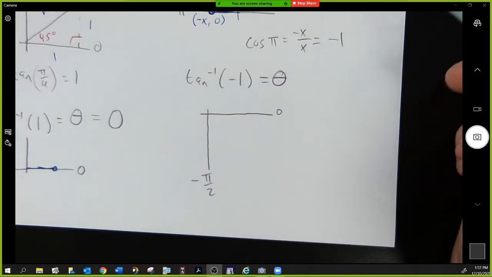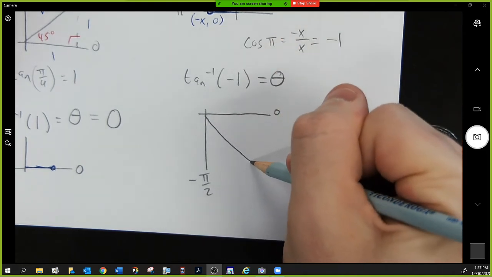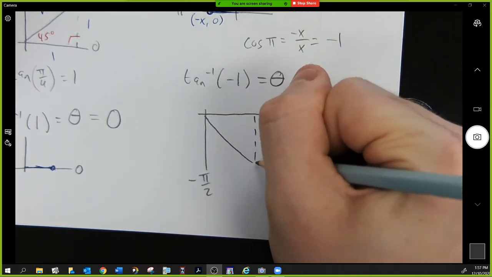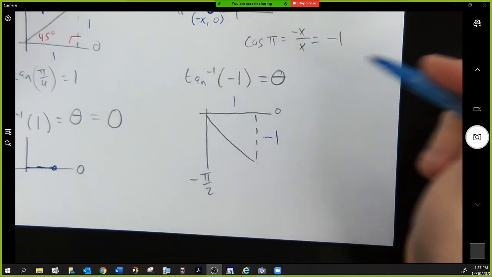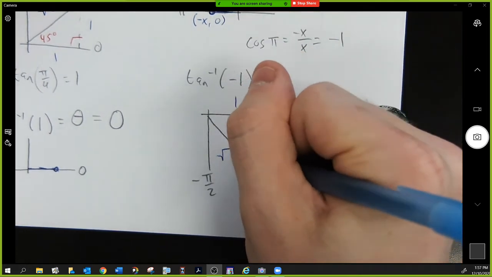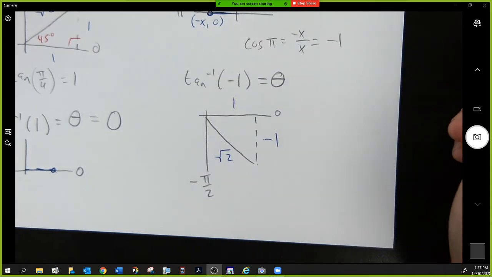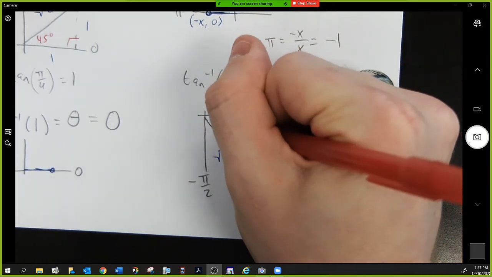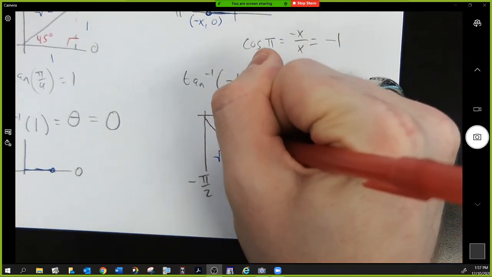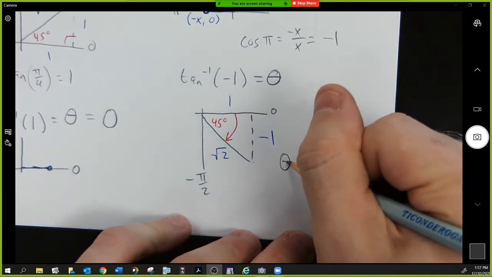And tangent is y over x. So I'm going to get a -1 in this quadrant if the y value is -1 and the x value is +1. This is a 1, 1, √2 triangle. What is the size of my reference angle? 45 degrees, but based on where it is, it's -45 degrees, also known as -pi over 4.